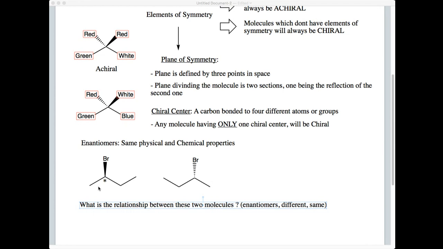Is it coming toward you or away from you? 180 flip to the right side, right? Is it the same molecule? Is this the same molecule as this one, or is it a different molecule? What do you guys think? I'm only doing a flipping, right? So I'm not breaking any bonds, and I can flip, rotate, do whatever I want. It's always going to be the same molecule, okay?